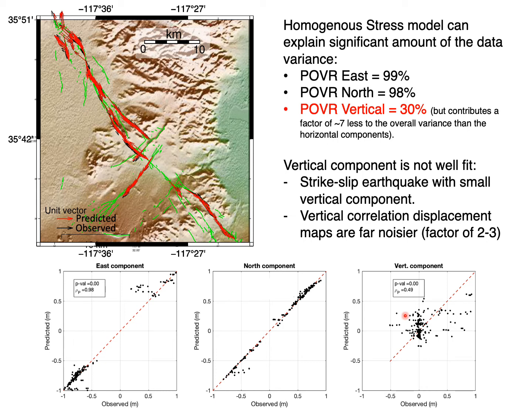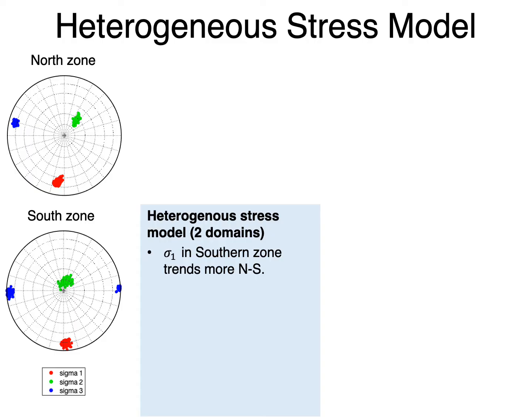And so given the chi-square test showed there's still some variance in the data that is not well explained, we tried to see whether we could partition the rupture into different stress domains to see whether we could resolve any spatial variations in the stress.